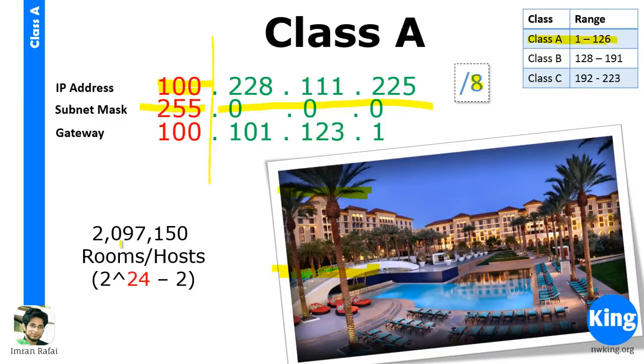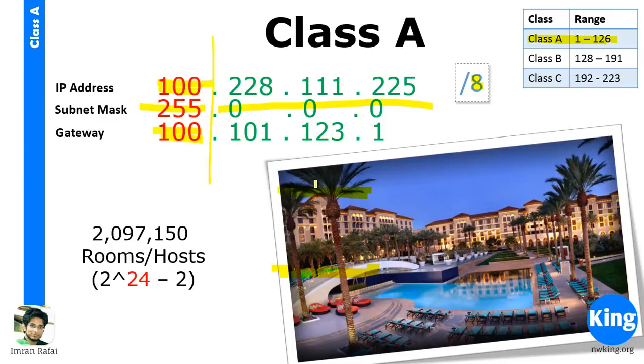Similarly, to control a network of this size, having millions of devices or hosts, it is very inefficient, and that is exactly why we will use subnetting, like you will see in the next video. So again, the gateway will be anything with 100, and only if it is part of the same network can it communicate to the gateway.